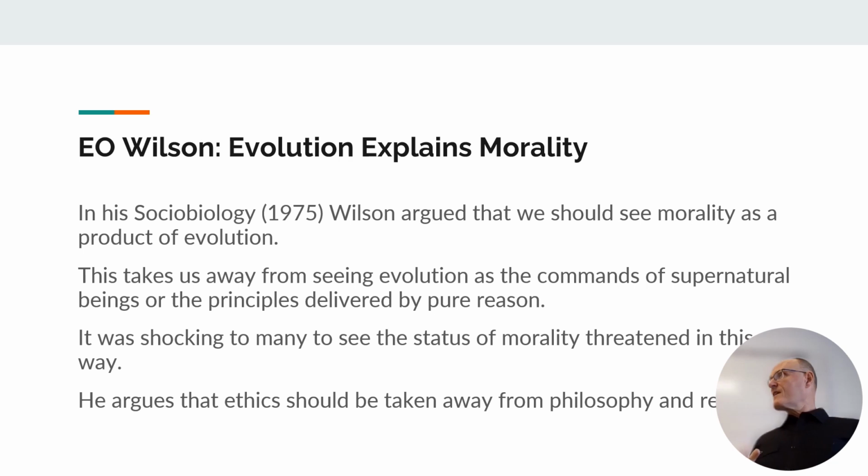Certainly in the 19th century, when this was proposed by Charles Darwin and then followed by others, it was seen as a huge threat to religion, because rather than saying that humans were created by God, it said that humans were created by a random process.